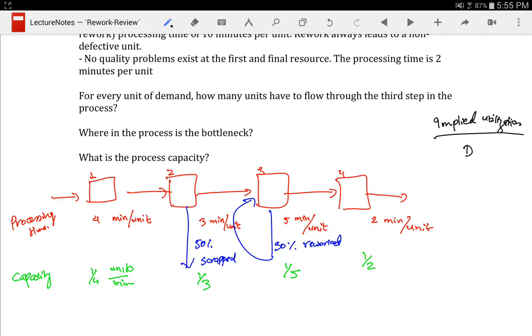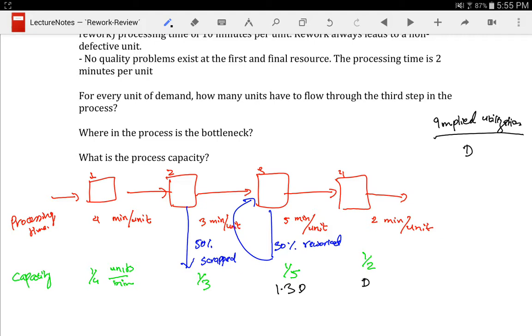If the process is producing D units, the fourth guy has to work on D units. There is no scrap, there is no rework. The third guy has to work on 1.3D units, because 30% of the units he has to work on again. So an extra 30% he has to work. For every 100 parts produced, he has to work on 130 parts. Every 1 part produced, he has to work on 1.3 parts.